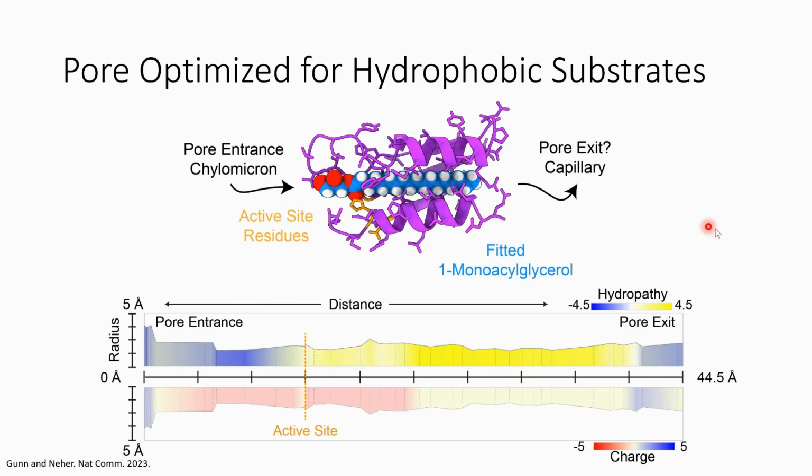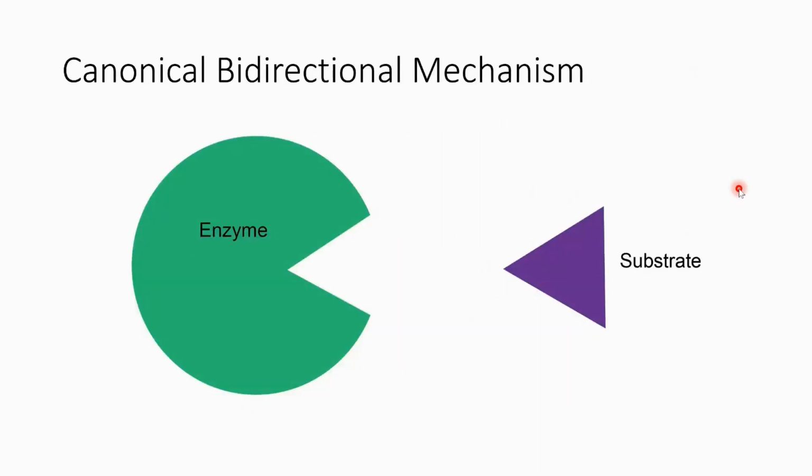And it fits very well. And so this made us wonder if potentially the pore was acting not only as an additional substrate discrimination site, so basically a way to help LPL specifically interact with triglycerides, but it could also be facilitating the movement of the acyl chain following hydrolysis out away from the chylomicron.